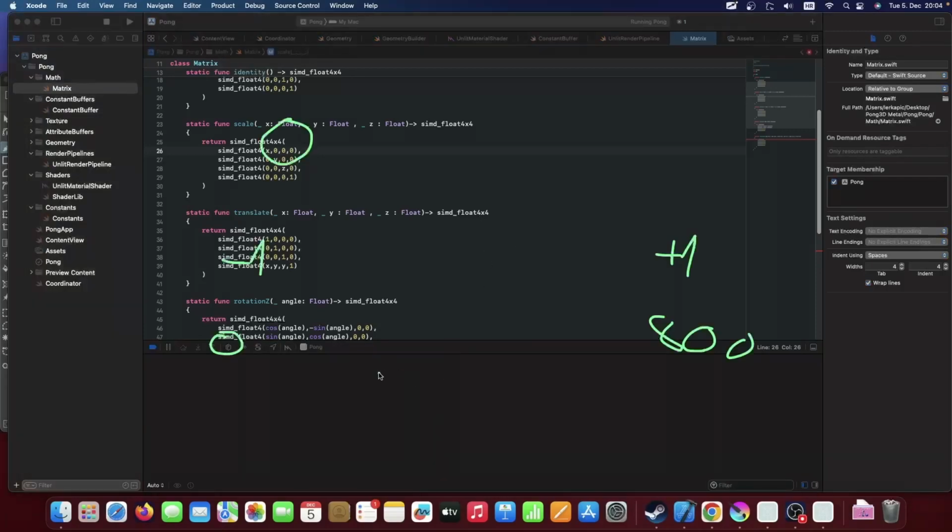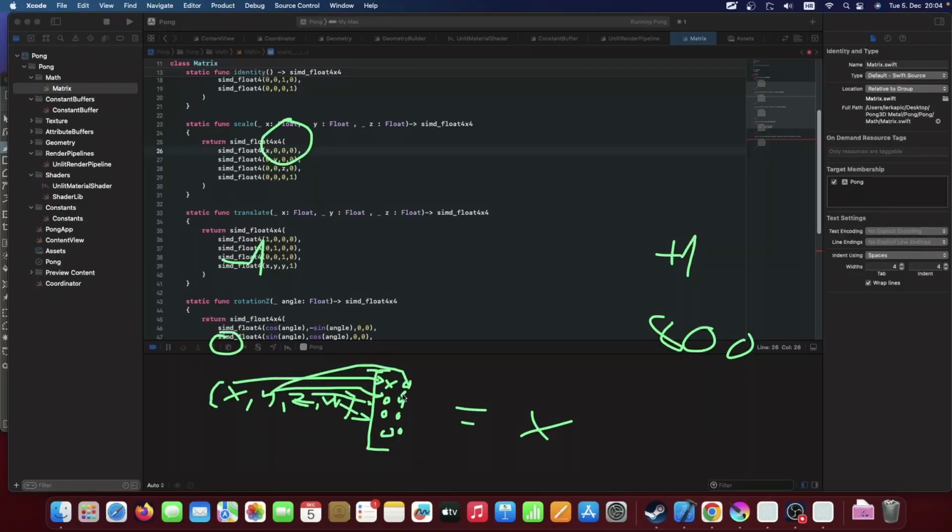If we have our vector x, y, z, and then we have this, x was multiplied by this member, then this, and let's say 0 here. X gets multiplied by this, y gets multiplied by this, and then we get x. And for y, here was nothing, here was y, nothing, and then when we do multiplication, y is multiplied by this. So it's kind of like a scale matrix.